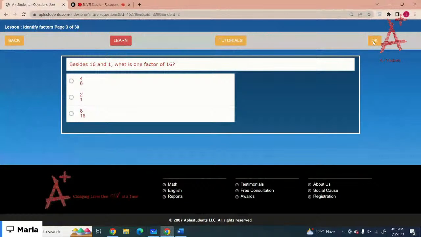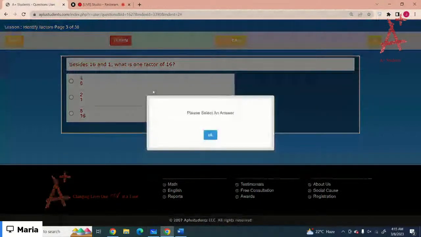Yes, the factors are 4 and 8. Got it? Because 16 is evenly divided by both 4 and 8. Got it?